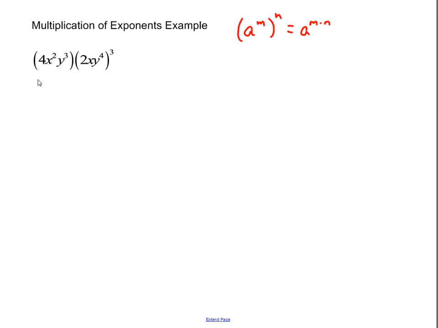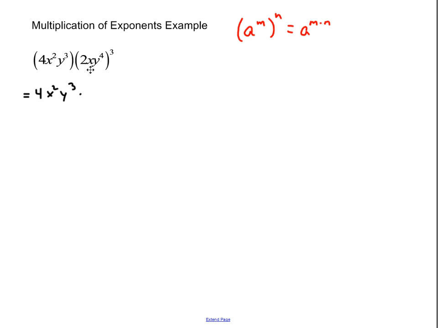Well, in this case, in the first set of parentheses, there's no exponent on the outside of that. We can actually think of that as an exponent of 1 when it's not present. So that part of the expression can be brought out of parentheses: 4 times x squared times y to the third.